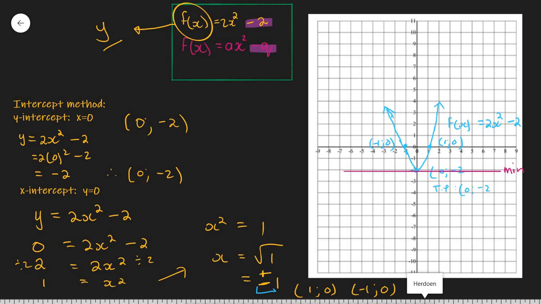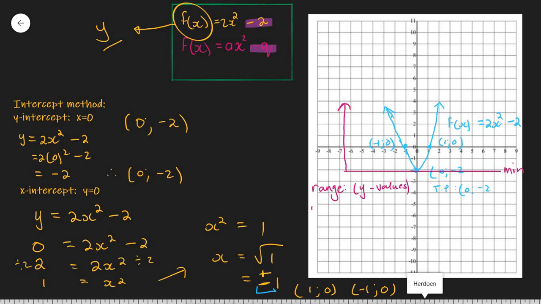If you are ever asked what the range of your function is, that is my y values. As you can see, it is all the values that go upwards from this minimum value. So how can I write it? I can write it in two ways.